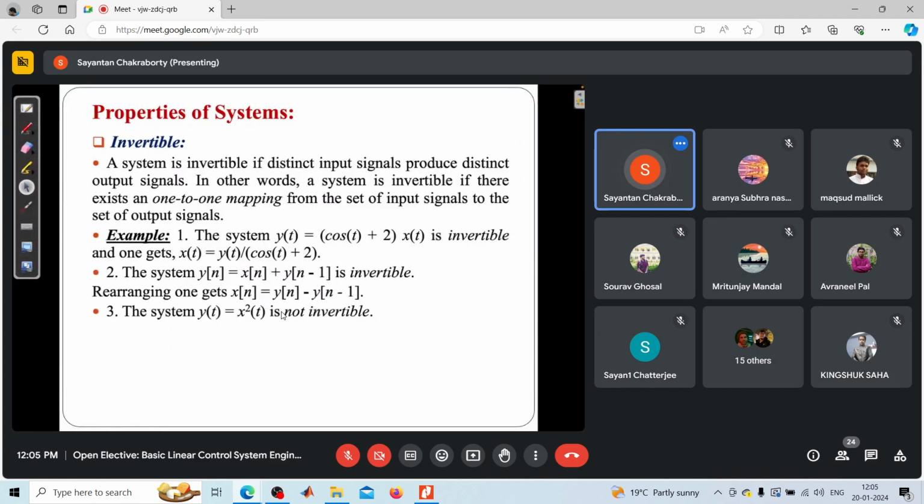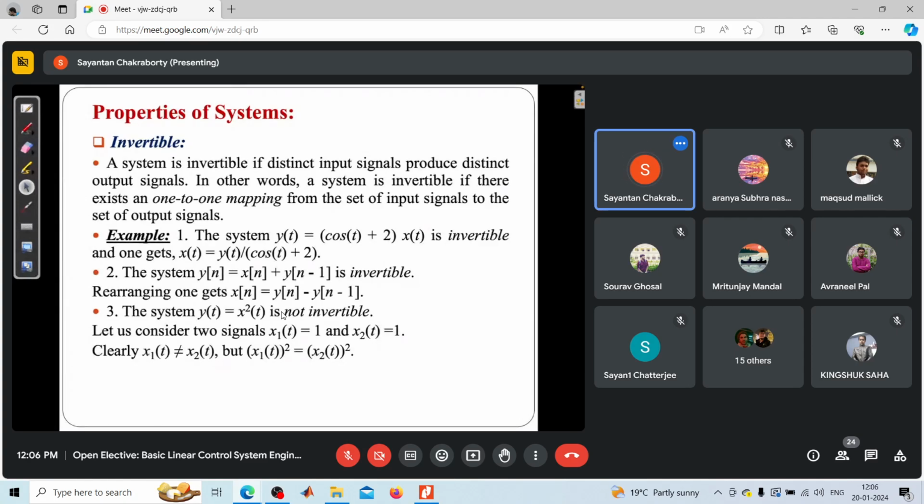What about this system, y(t) equal to x squared(t)? It is not invertible. Why? Any idea? This is not a one-to-one mapping, because x(t) equal to minus 1 and plus 1 will both lead to y(t) equal to 1.